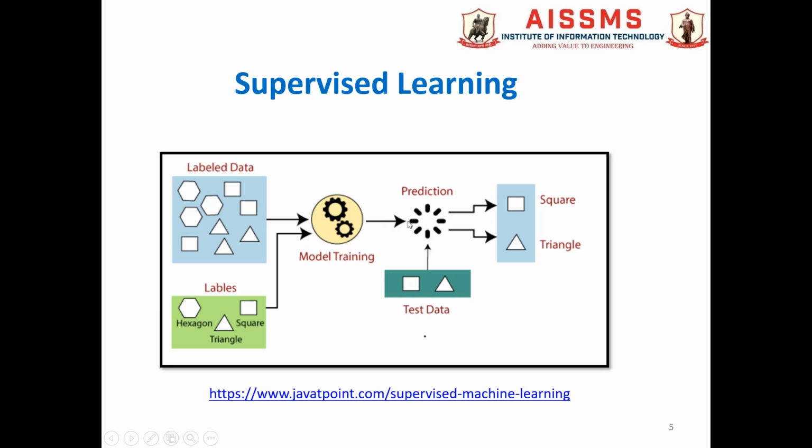Now that model can be used to test the unlabeled future data which the system has not seen while training. For this test data, the system should be able to give the decision that this particular figure belongs to square or triangle. That is about supervised learning.